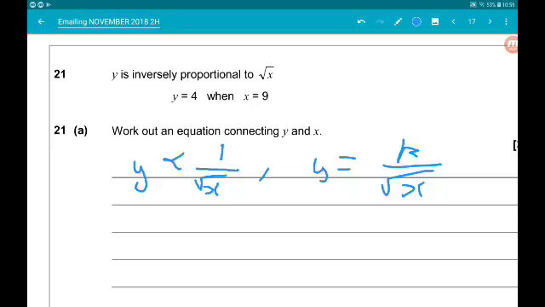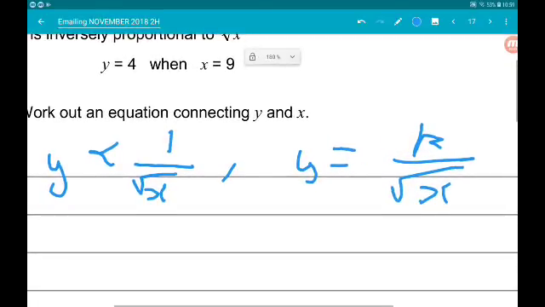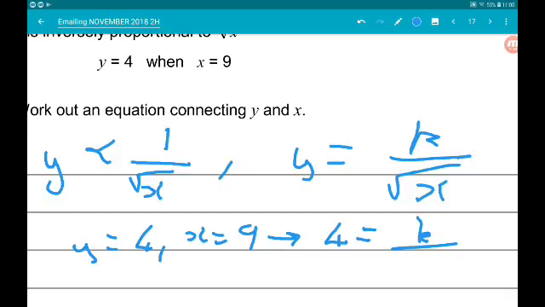So we need to find the value of k in y equals k over root x. So we substitute in these values. So y is 4, x is 9, gives us 4 is equal to k over root 9, which is 3.